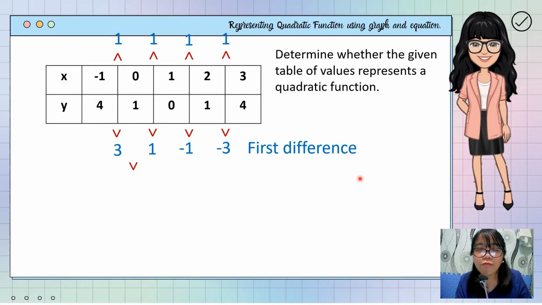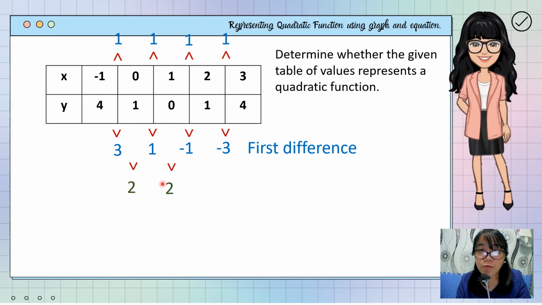For the second differences, we will be getting the difference between the first differences. So we will say 3 minus 1, that is equal to 2. 1 minus negative 1. Minus a negative, so that will be positive 1, or plus 1. So 1 plus 1 equals 2.